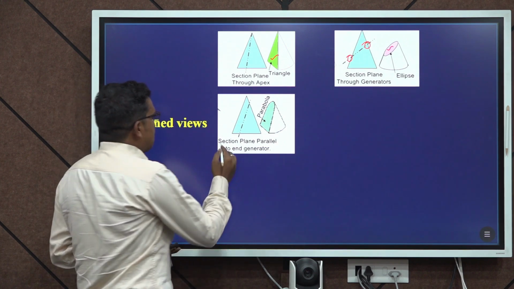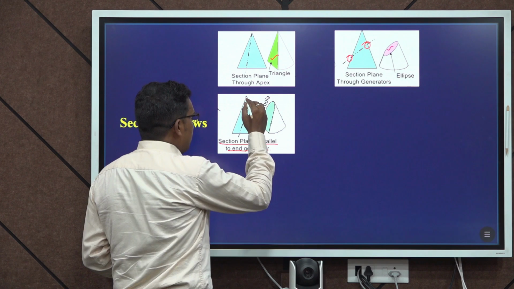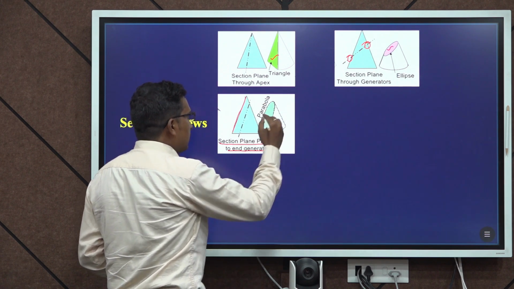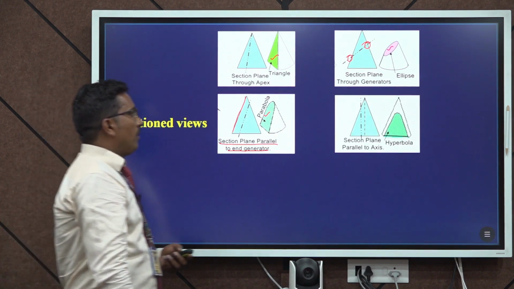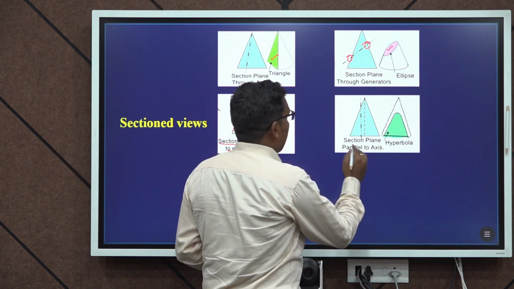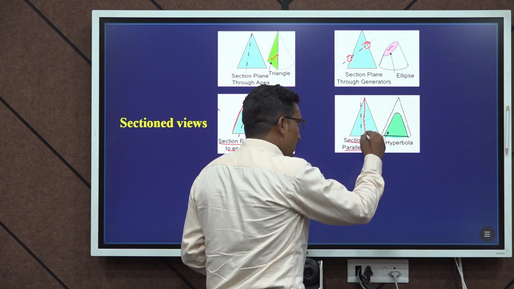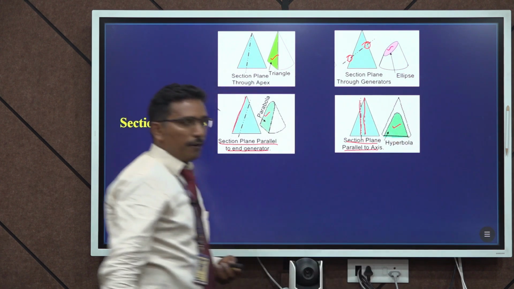If you cut the section plane parallel to the generator, we know that this is the generator, so if you cut like this, you will get a parabola. And if you cut the section plane parallel to the axis, you will get a hyperbola.